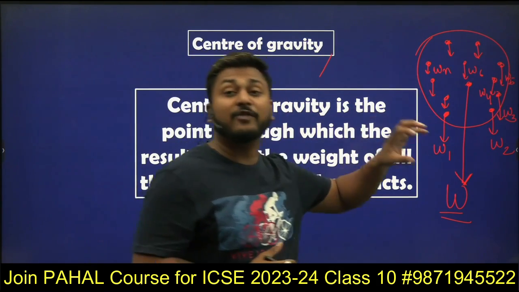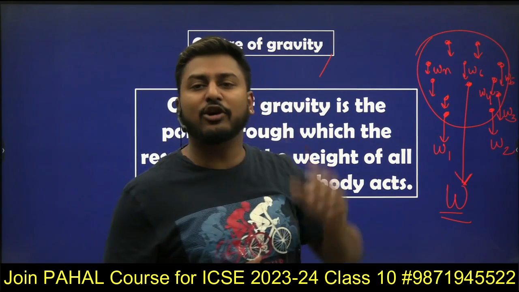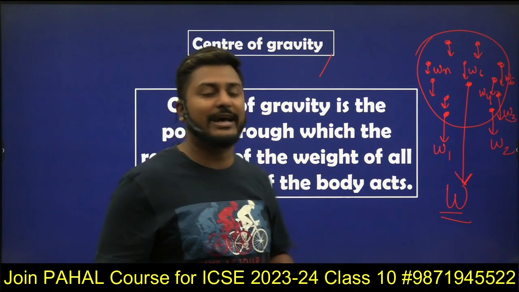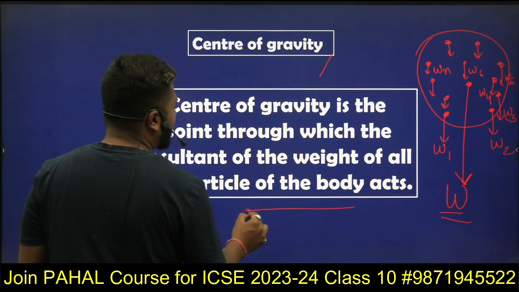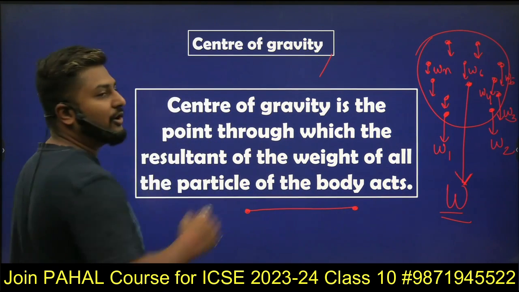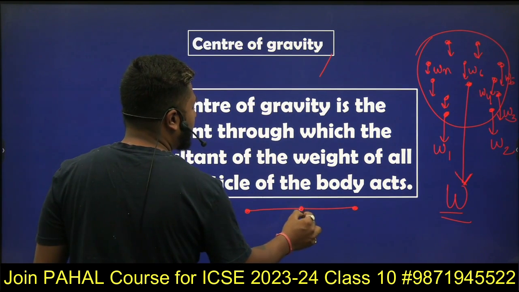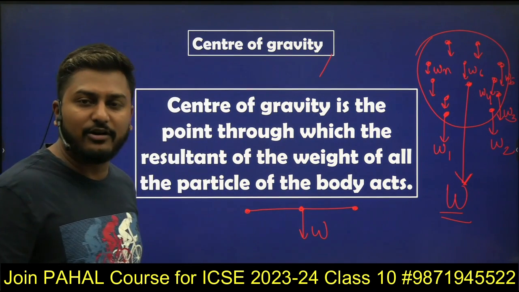Now this center of gravity can be at the center of the object, inside the object or outside the object as well. For example, this is a wire, right? The center of gravity of this wire will be somewhat at the center of the wire. So this will be the center of gravity of this wire.